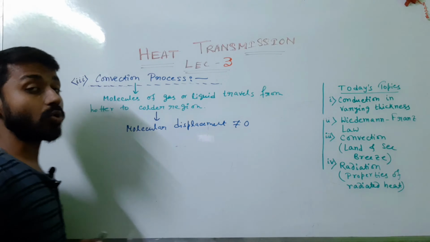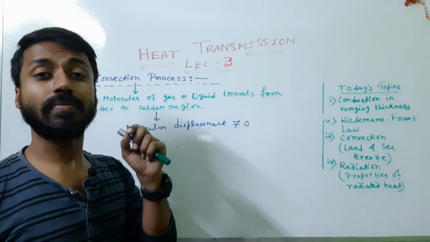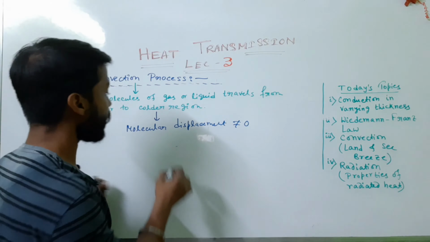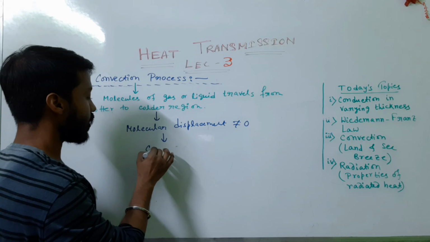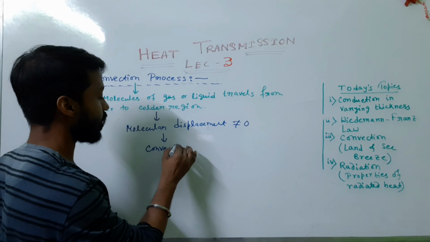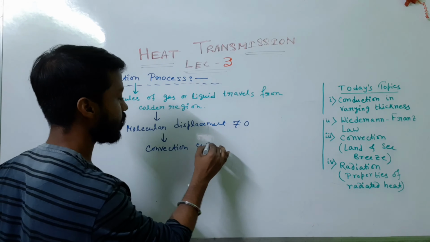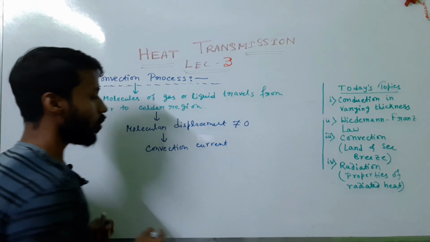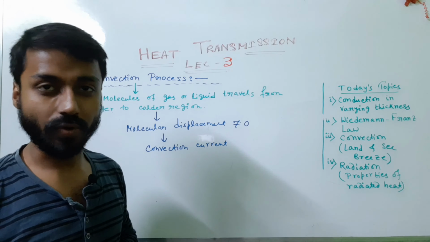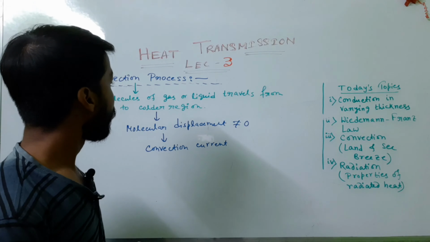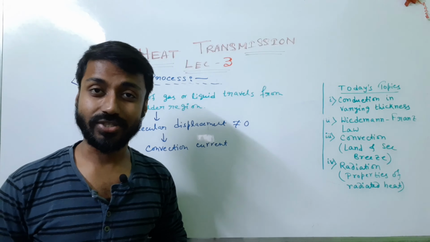And this convection process is the main cause of creating convection currents that we have learned in our geography classes, convection current in ocean regions and all. Okay, now land breeze and sea breeze.